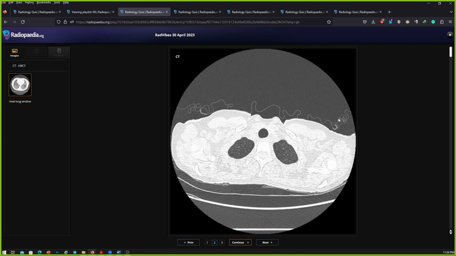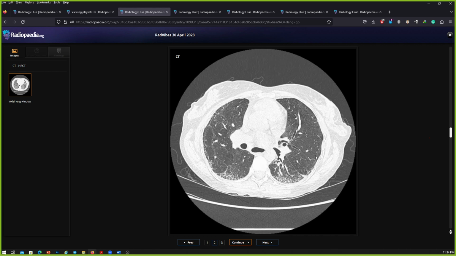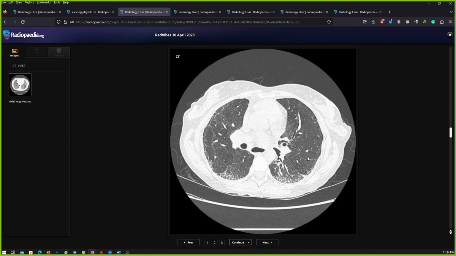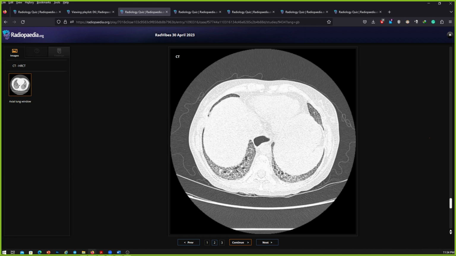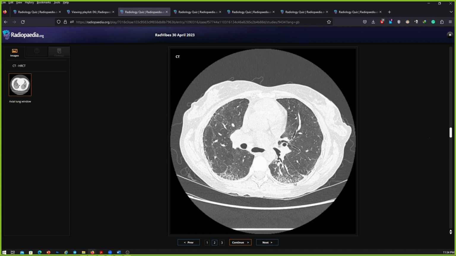So I have been provided with CT chest views, and I can see that there are coarse interstitial reticular changes, which are more marked in the periphery of the bilateral lungs as well as in the lung bases. In addition, I can see that there are honeycomb changes in the bilateral lung bases with some traction bronchiectasis.